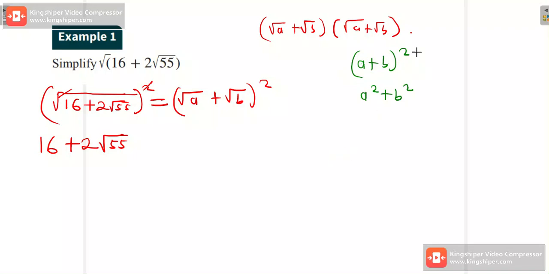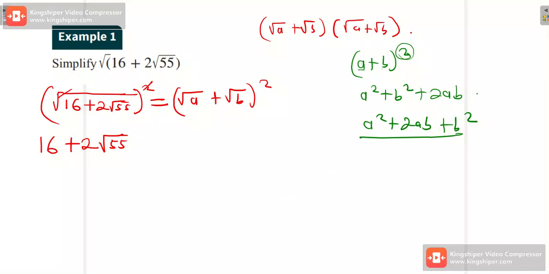Then when you finish, multiply this A and B, and multiply it again by the 2 here. So it's going to be plus 2 times A times B. So you can rearrange it as A squared plus 2AB plus B squared. So that is the expansion.